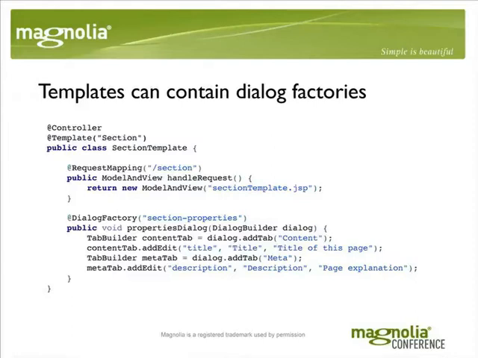Also, in my experience, I found that it's the same thing with templates. You create your template, and then for your template, you require one or more dialogs that are used specifically for this template. So, for the sake of readability, you are able to add an annotation called dialog factory on a method inside your template, so you can keep everything in one place.